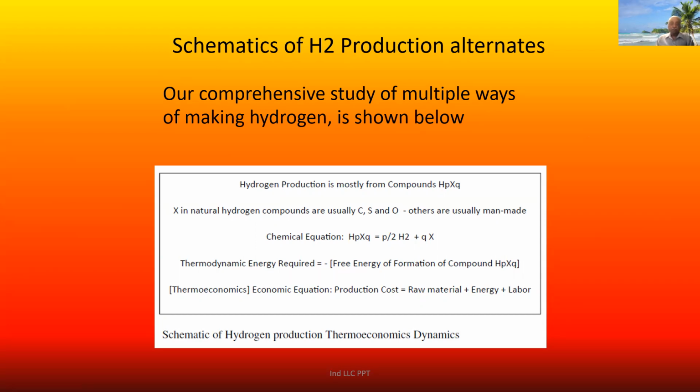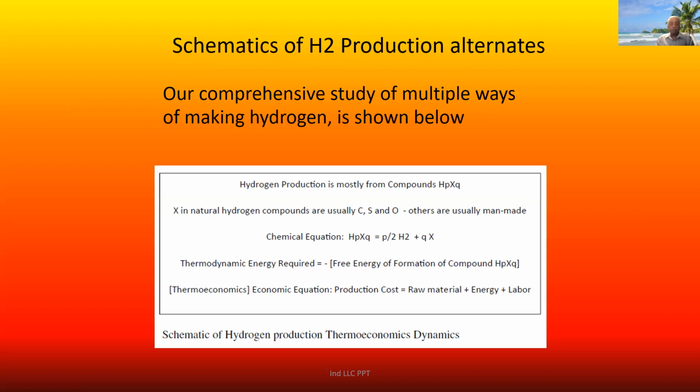But the actual energy in the process will be 2 to 3 times that because of the inefficiencies in the process associated with giving additional products, which may or may not be utilized. We'll come to that in the following slides.